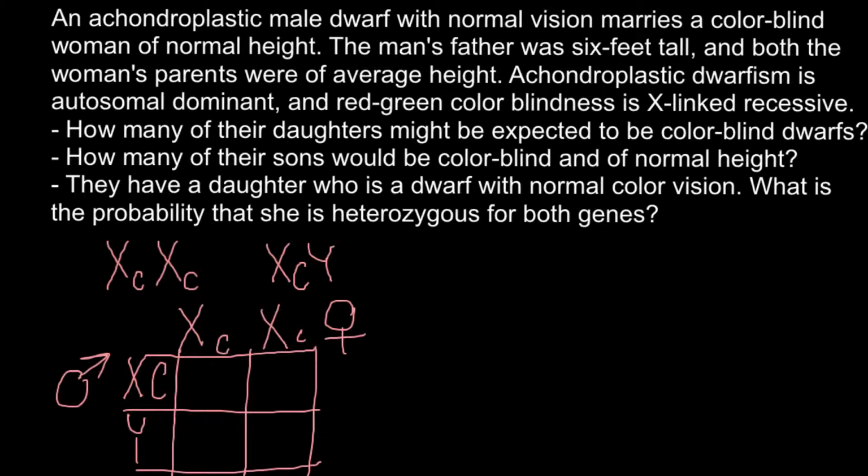So here we would have X capital C, and from the mother's side an X chromosome carrying the recessive allele c. Here we would have the recessive allele c and the Y chromosome, so this is going to be a male, and the male is going to be colorblind.